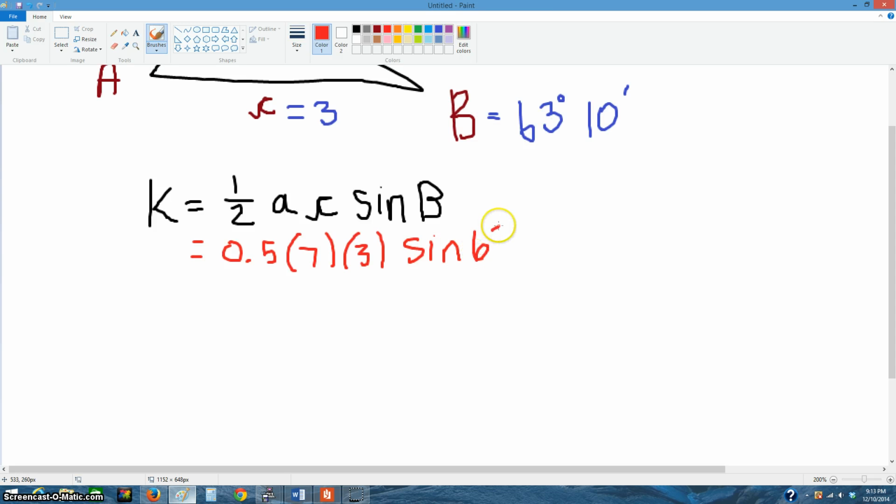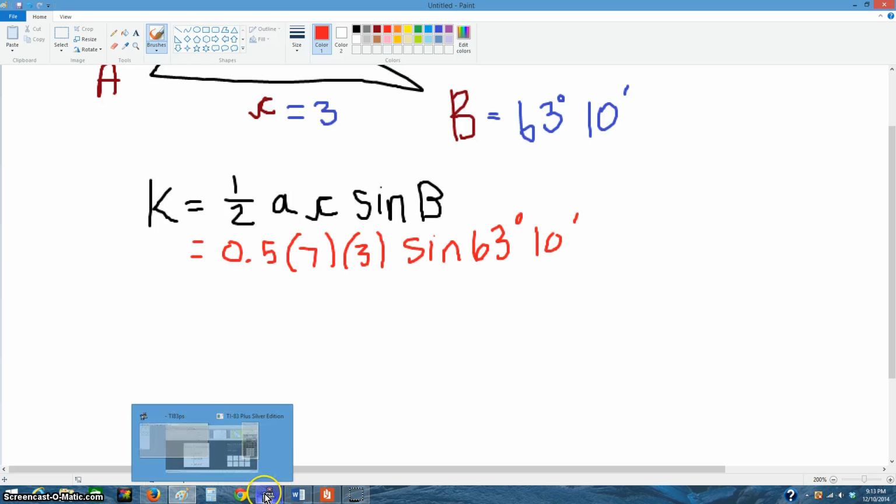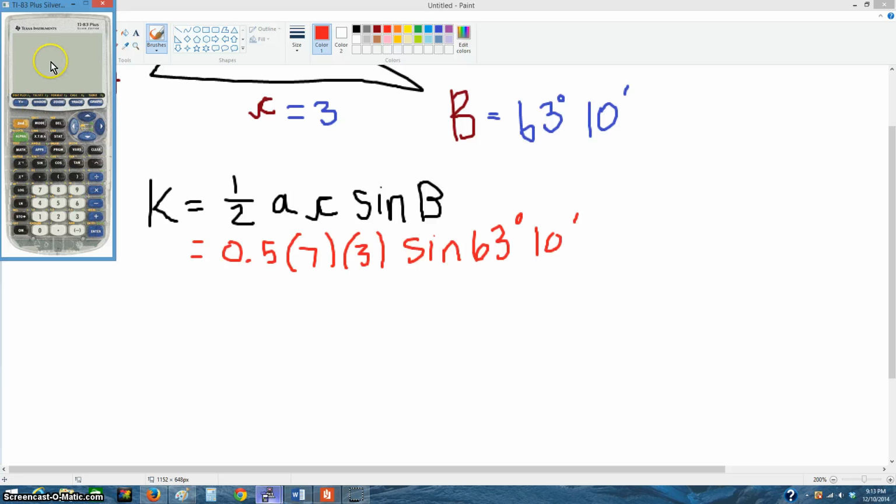Now that 63 degrees 10 minutes shouldn't scare you, because I believe we've done an example like this as to how to input it in your calculator. So the first thing we should do is go to our calculator, make sure that our mode is in degrees. So I'm going to type it in, 0.5 times 7 times 3 sine of 63.